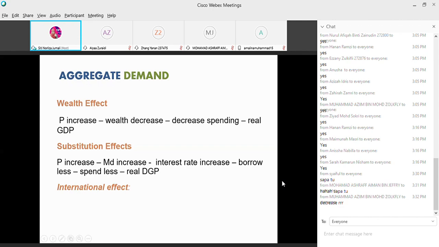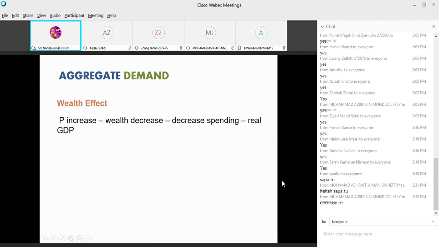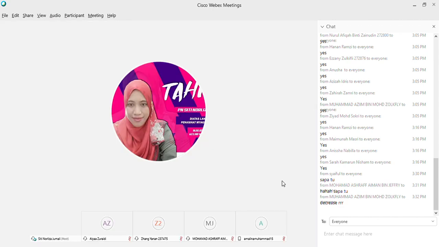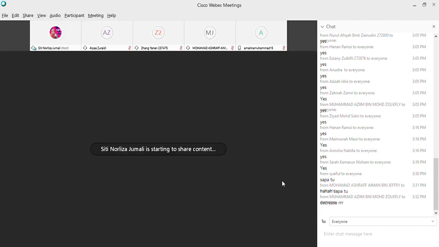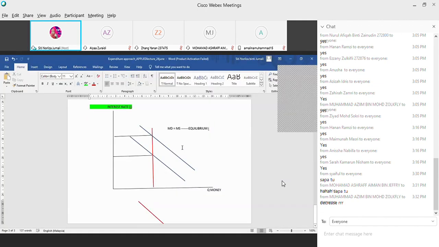We go back to the diagram just now. The MD over here is the money demand. If you still remember, we have three reasons why we demand money.